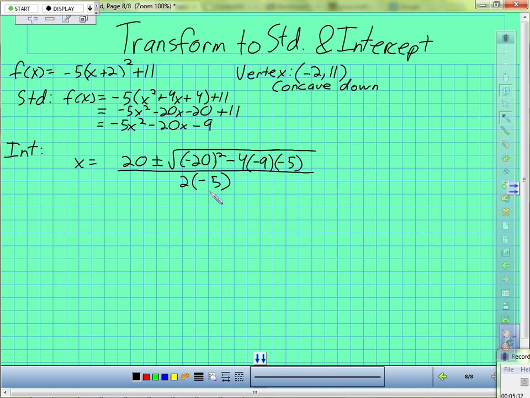So then 2 times a, which was -5. And again, quadratic, purely arithmetic. So 20 plus or minus, and I'm going to go ahead and do all that. So that is 400 minus 36 times 5, right? Minus 180.